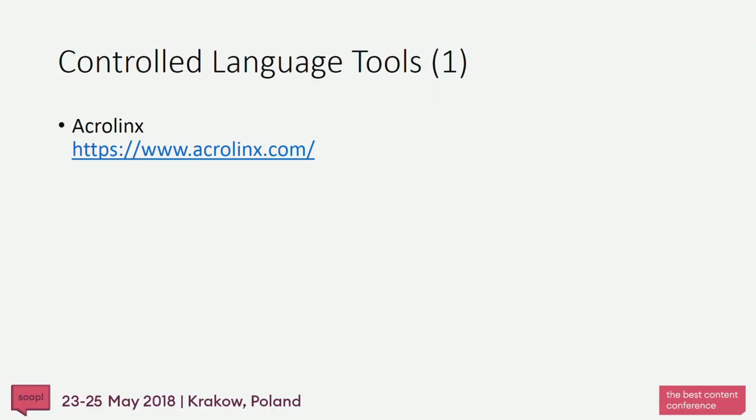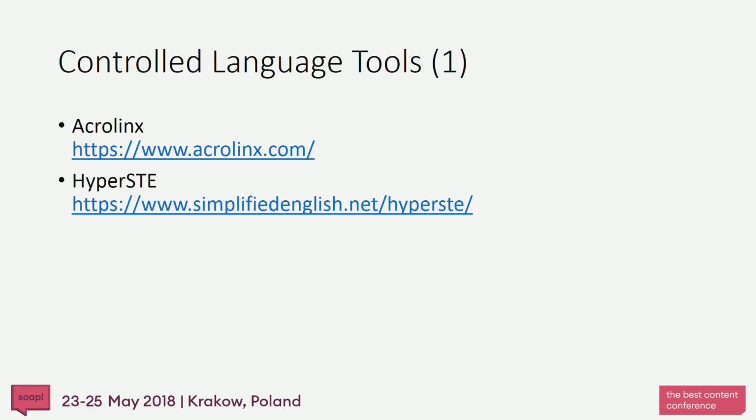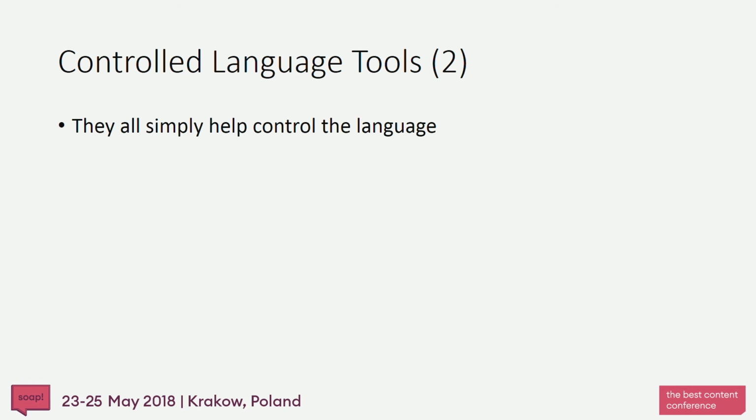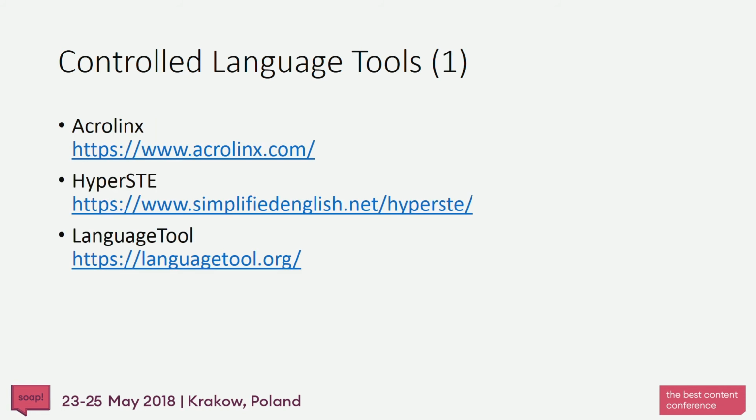There is a group of tools. There's Acrolinx, there is HyperST, there is LanguageTool. What they do is, you define the set of rules, and they enforce these rules on the content that you write. So you can simply tell them, this is the terminology that we use, and Acrolinx is great about terminology.